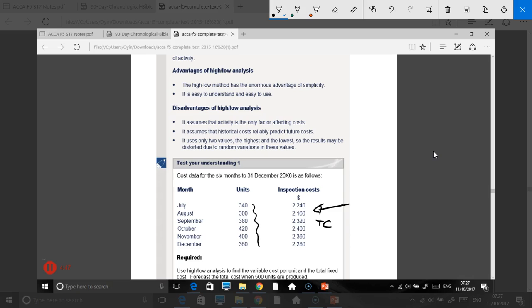And then it wants you to go ahead and forecast the total costs when 500 units are produced. So we're in chapter 9, by the way, on quantitative analysis. Let me just get the page for you.